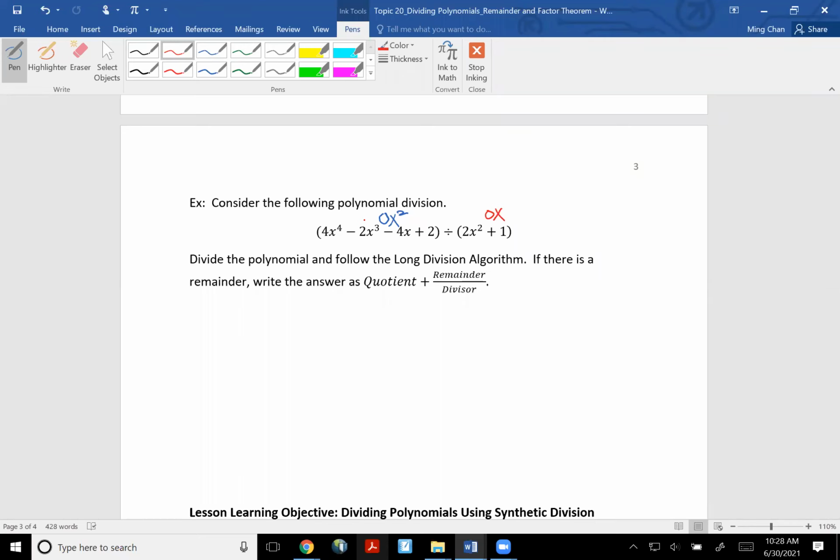Once I found my missing terms, I can write out my long division. For my dividend, 4x to the fourth minus 2x to the third. For my missing term, I'll always use a positive sign: positive 0x squared minus 4x plus 2.